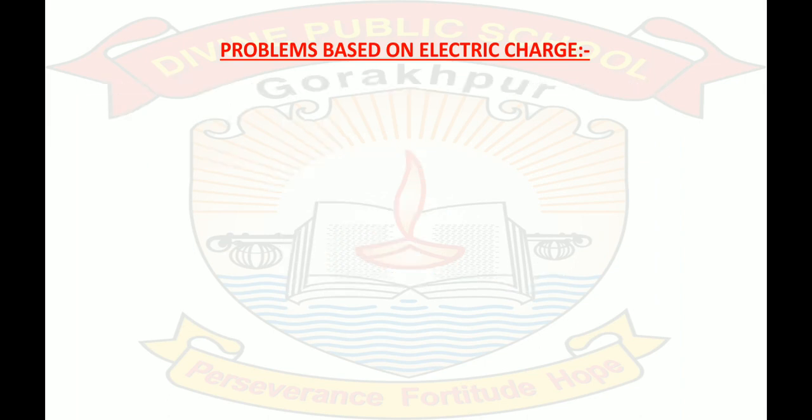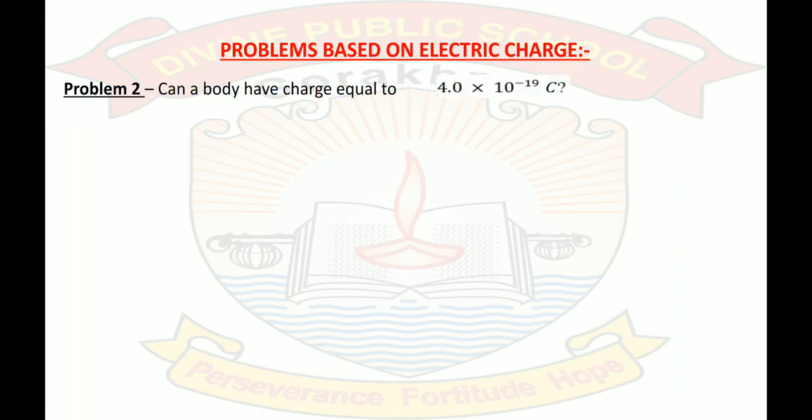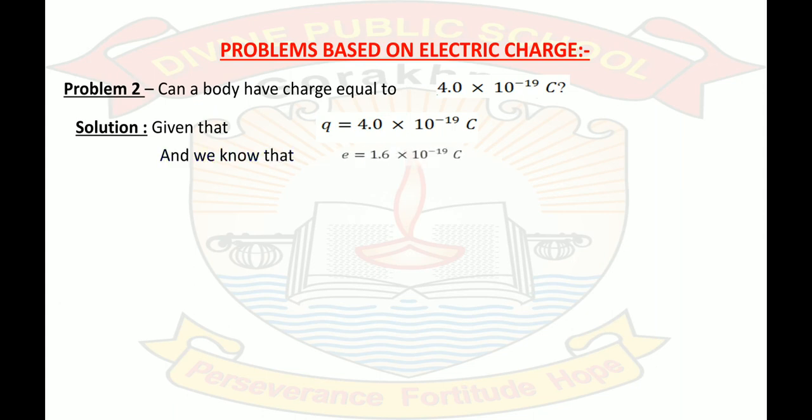The second question is, can a body have a charge equal to 4.0 into 10 to the power minus 19 coulomb? Okay, this is the question. Let us solve. Given that Q is equal to 4.0 into 10 to the power minus 19 coulomb, and the e value we know is 1.6 into 10 to the power minus 19 coulomb.